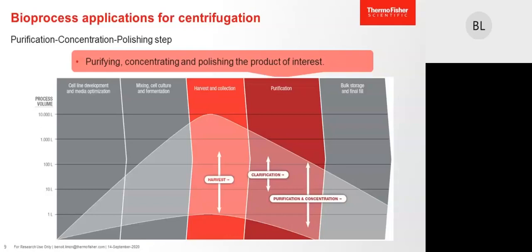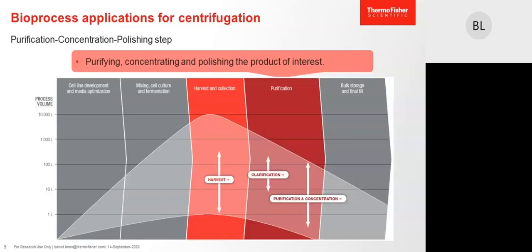I have a question for you. I would like to know, in your daily work, if you are using a centrifuge for harvest, or clarification, or purification in your bioprocess workflow.